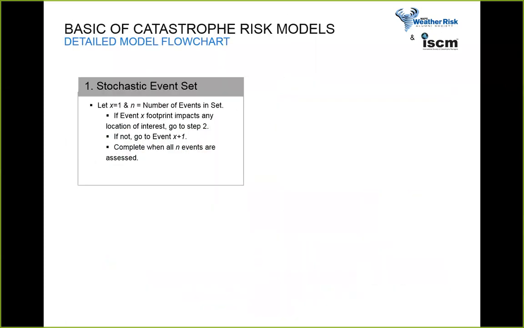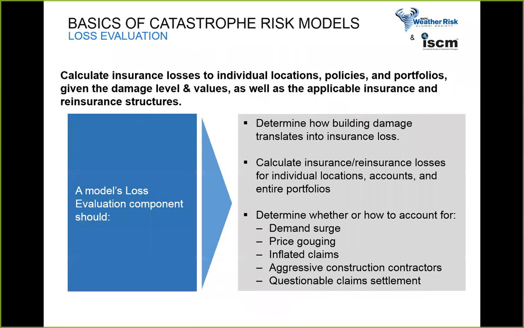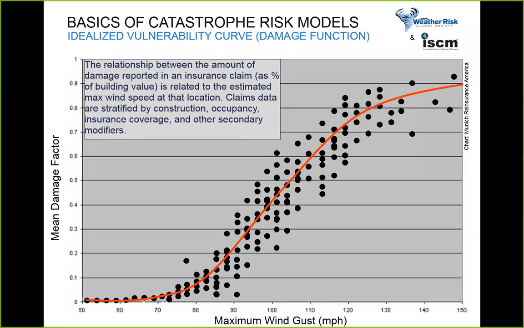I think that would depend on the model in question. There are multiple approaches that could be seen as legitimate. Now, I mentioned this is a highly idealized vulnerability curve. In reality, you'll see a lot of clustering around zero on the x-axis and y.